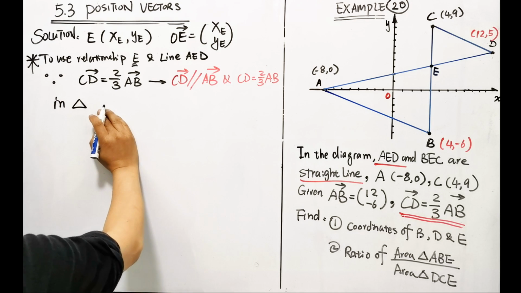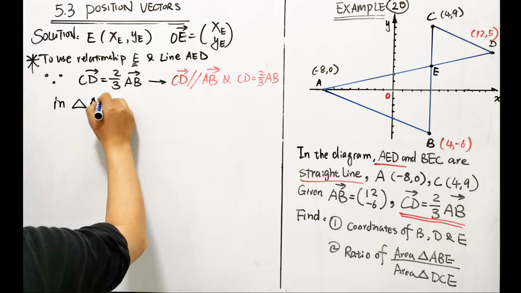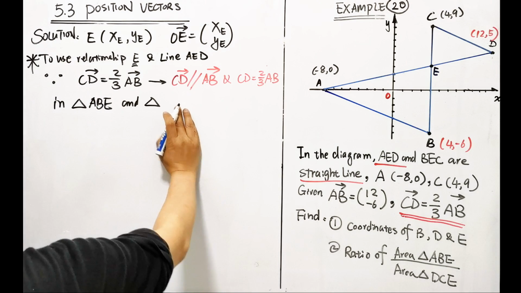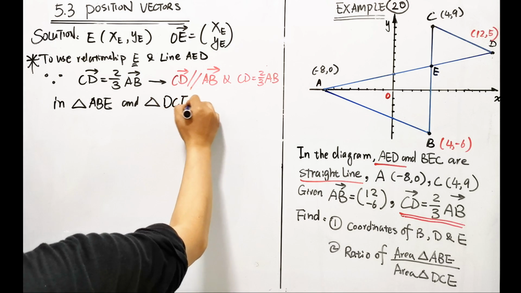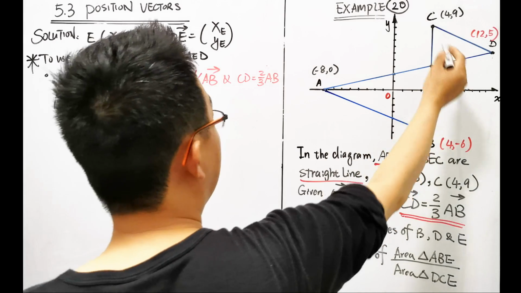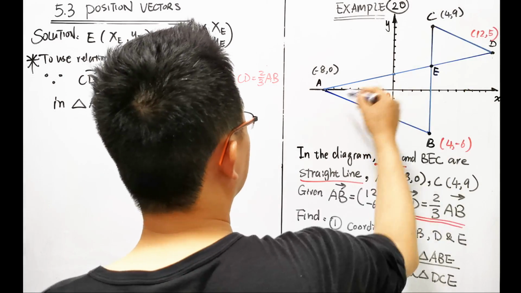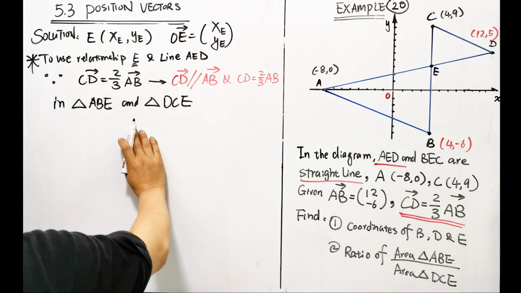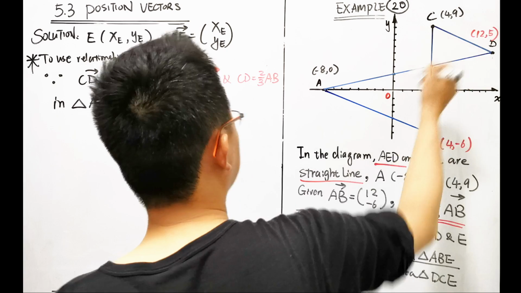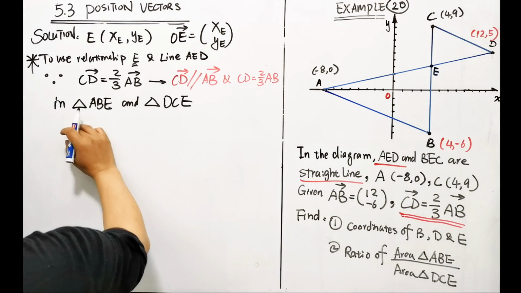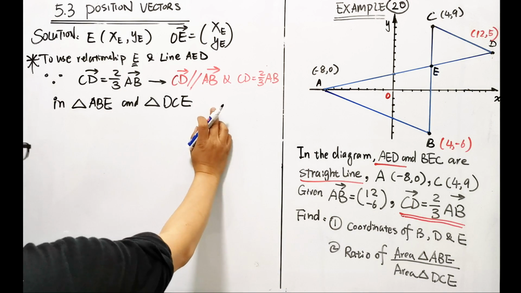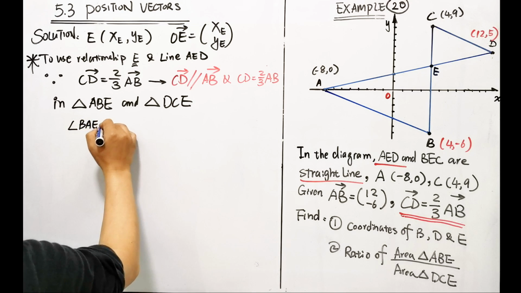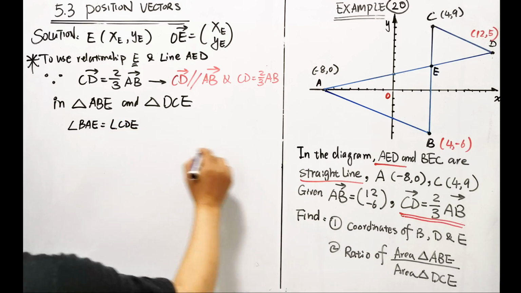we also have this in the triangle. Which triangle? In the triangle ABE and the triangle DCE. So these two triangles. Since we know that these two lines have this information, because they are also parallel, we see that the first one, angle BAE equals angle CDE, right?